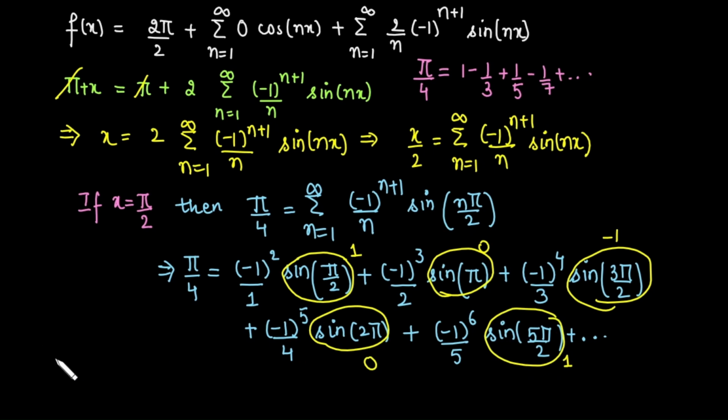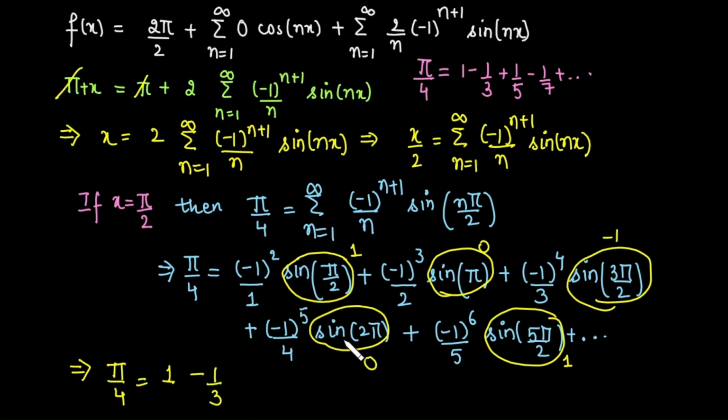So the final expression in this case: we have pi by 4 is equal to minus 1 square is positive 1, and here we have positive 1, final is 1. This quantity is 0. Next is minus 1 raised to power 4 is positive, divided by 3, multiplied by negative of 1. So this is equal to minus 1 by 3.